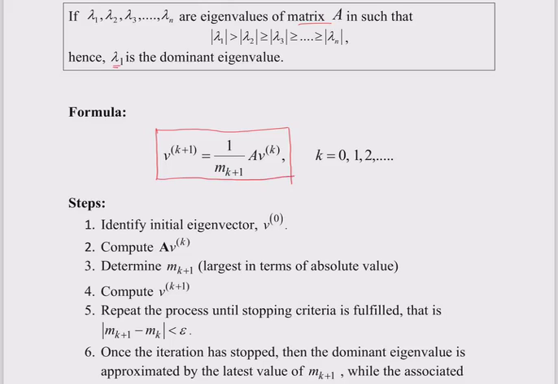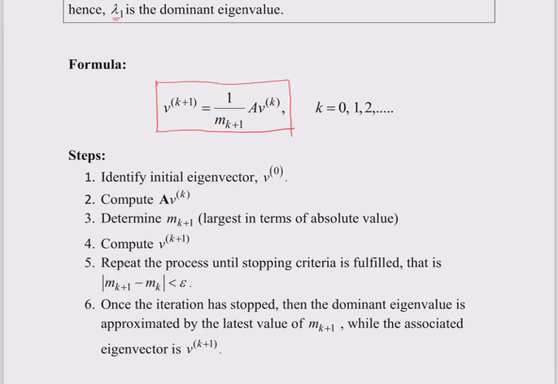v k plus 1 equals 1 over m k plus 1 multiplied by A v k, where k starts from 0, 1 and 2 and so on, depending on the number of iterations. And then these are the steps.